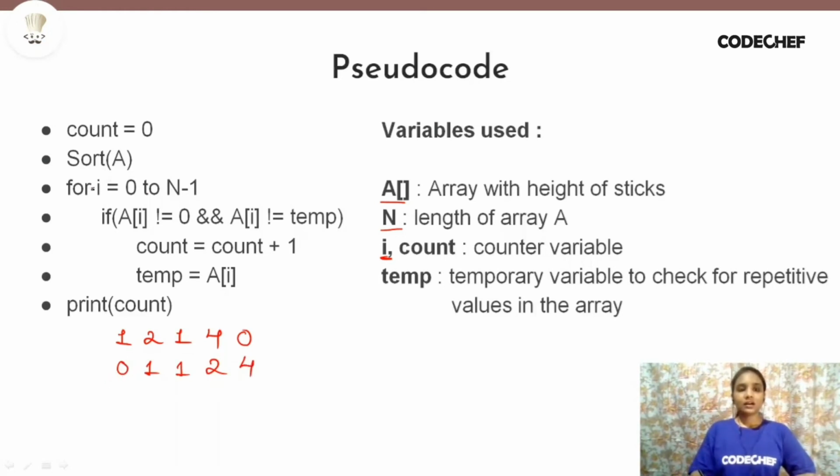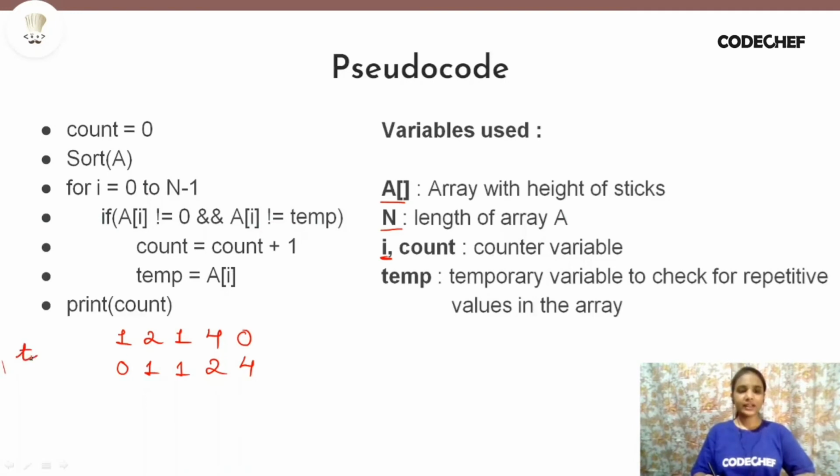Now we will iterate from 0 to n minus 1. These are the indexes of the array, and we will need to iterate for each of the elements present in the array. Then we will check if A of i is not equal to 0 and A of i is not equal to temp.